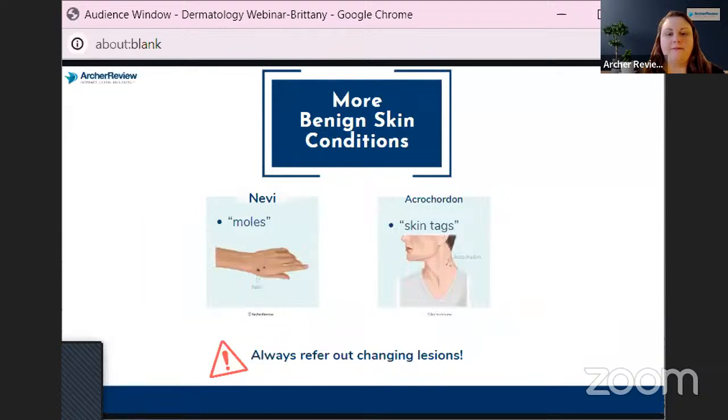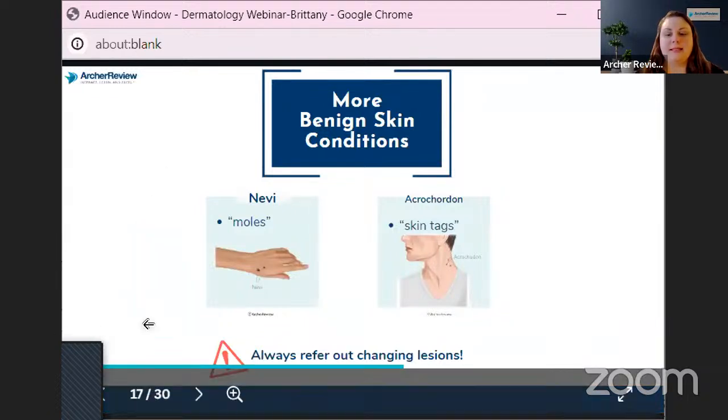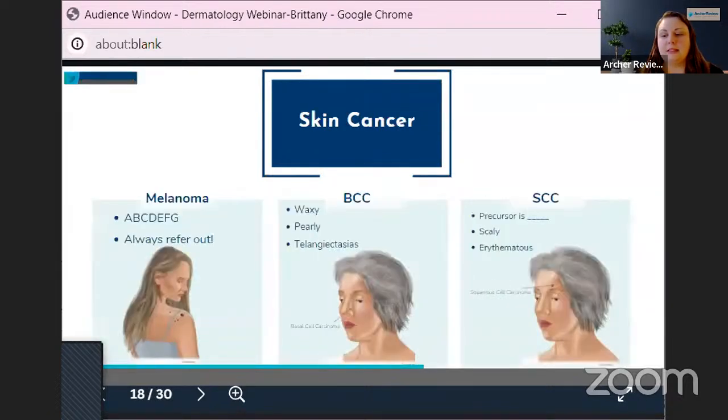All right. So we have a few more benign skin conditions. This one here is going to be our moles and our skin tags. These aren't really going to need a whole lot unless you start seeing that they are changing.